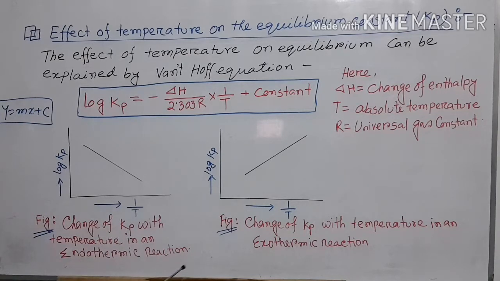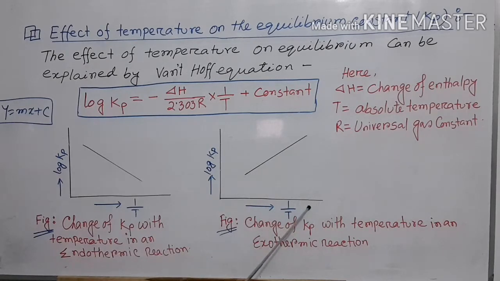For exothermic reaction, we get this type of graph. For exothermic reaction, we see that if we increase the temperature, then the reaction rate decreases, and for that reason the value of Kp also decreases. That's why this graph is like this one.